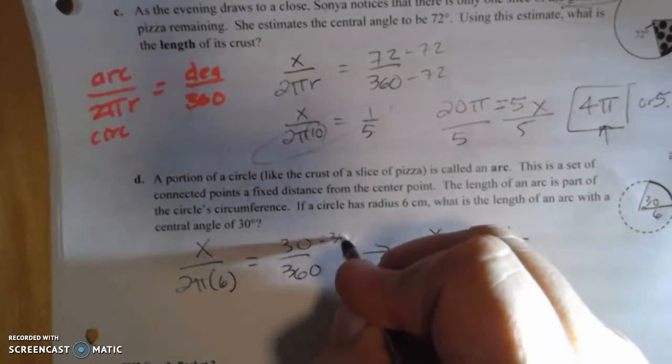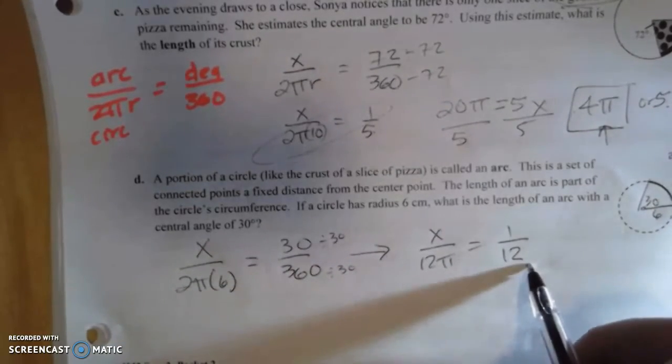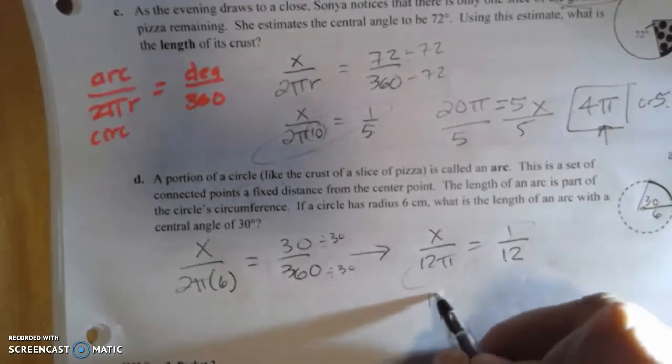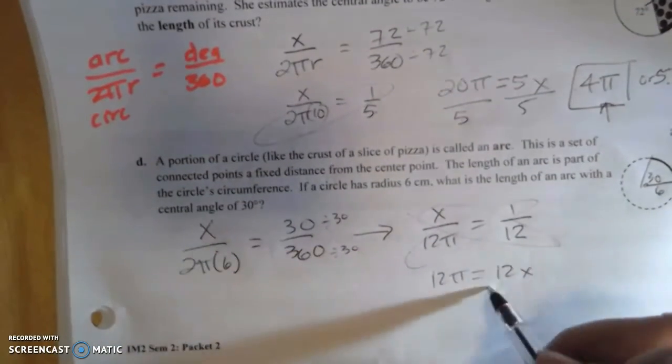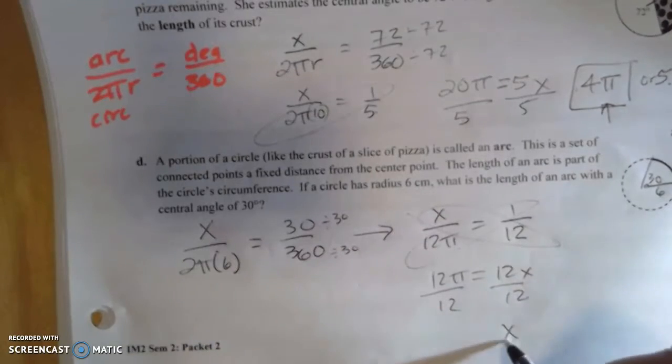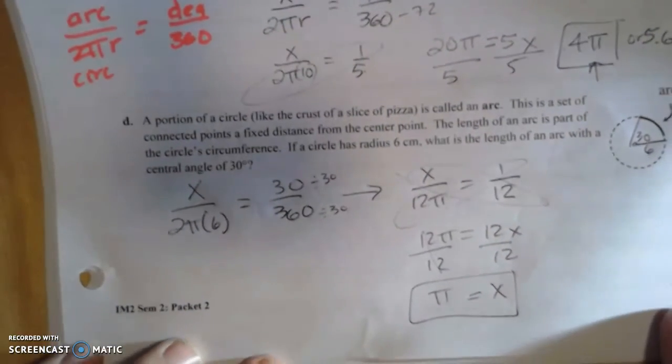I divided here by 30, divided here by 30. I'm going to do cross products. 12 pi equals 12x. Divide both sides by 12, and you get x equals pi, or 3.14.